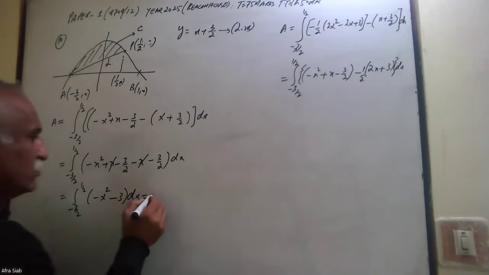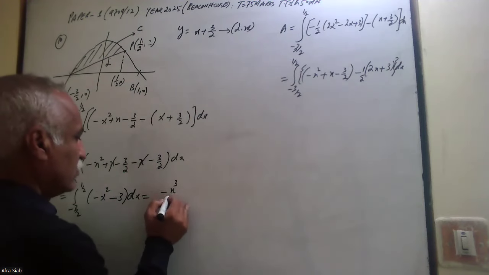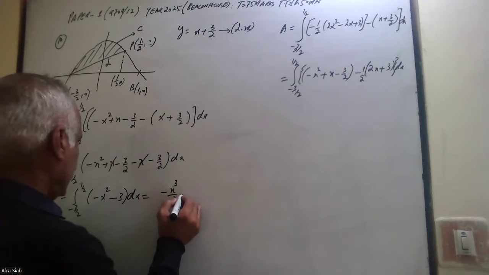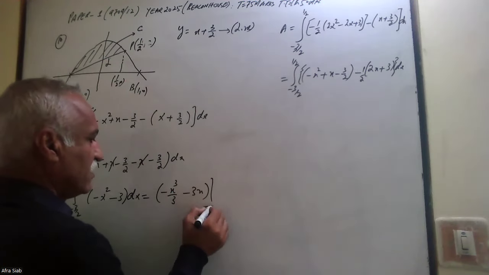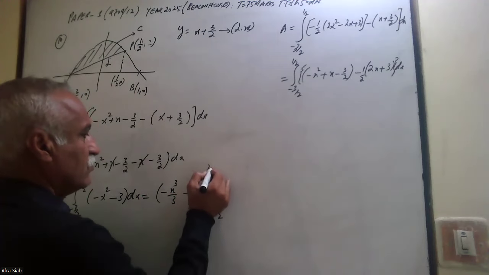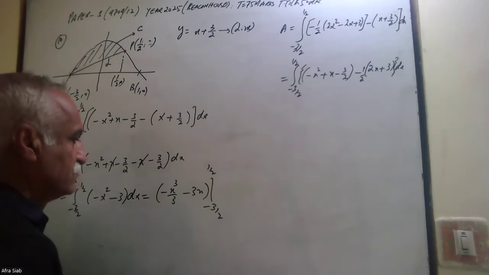And that thing is equal to minus x cube over 3 minus 3x, and the limits are minus 3 by 2 to half.